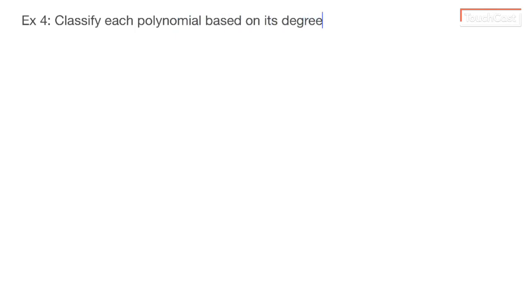We are going to classify each polynomial based on its degree and number of terms. So, our first polynomial that we're going to have to classify is going to be 5x minus 6.